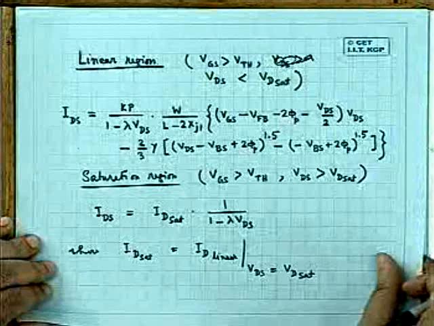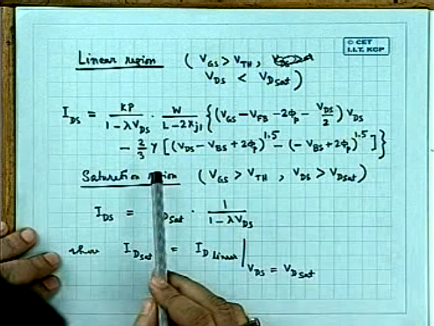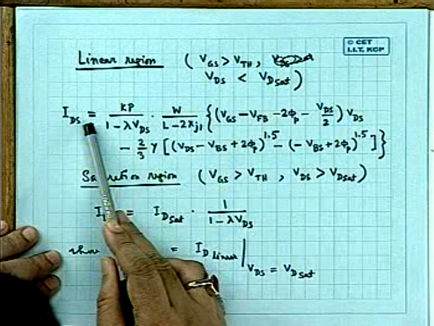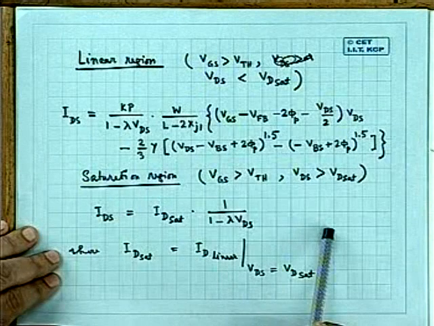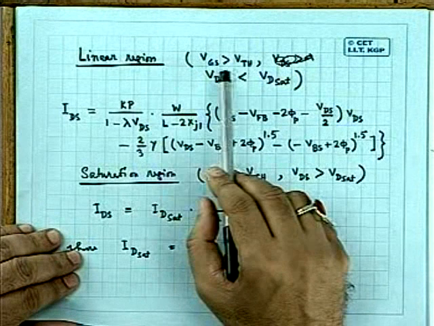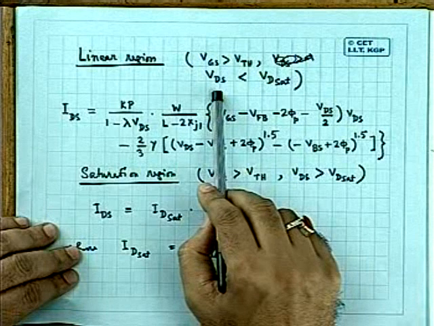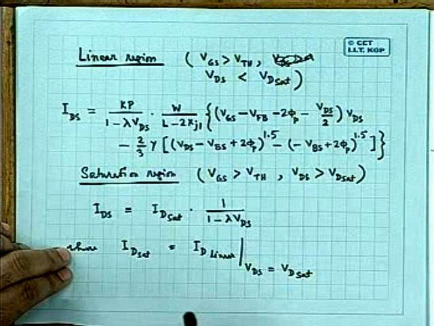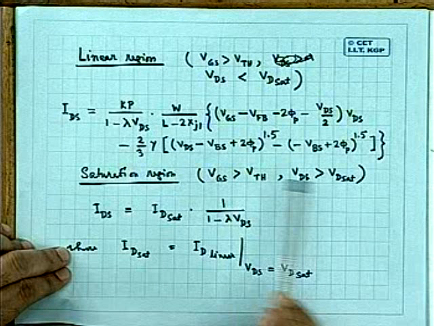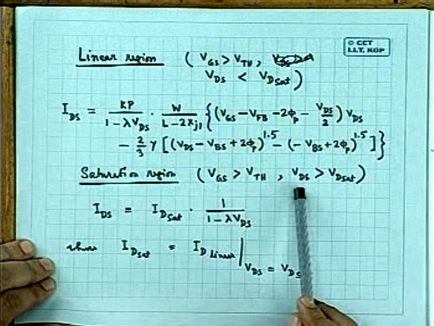Then for the implementation of level 2, we consider the linear region and the saturation region. Here, the linear region is the region for which VGS is greater than VTH and VDS is less than VDSat, as before, as in level 1. Whereas in the saturation region also as before, VGS is more than VTH and VDS is more than VDSat.